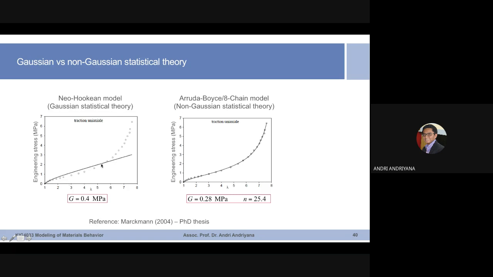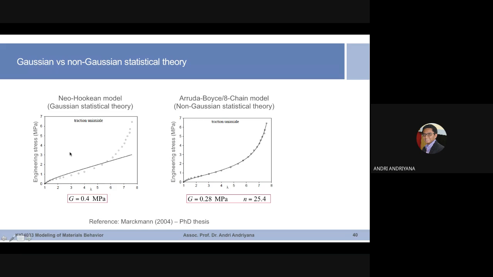Based on theory, this is neo-Hookean, the solid black line here. This is using Arruda-Boyce. And the circles here are obtained from experiment. So you compare the predictive capability of the mathematical equation to describe the stress strain response of the material. We now compare it with experiment.